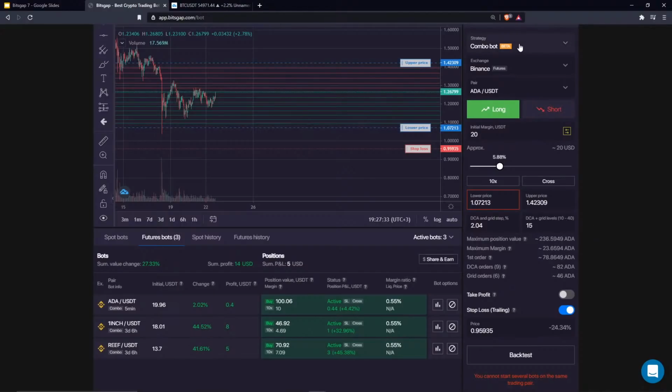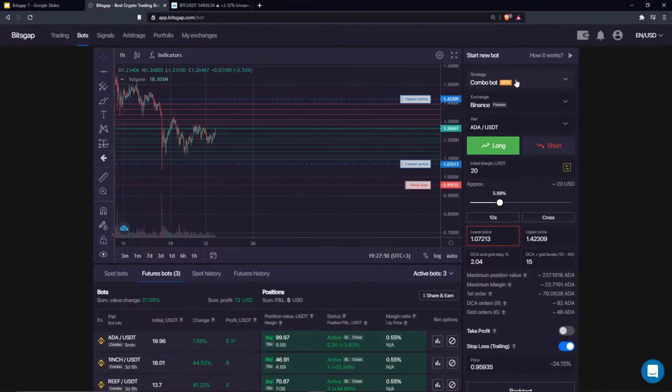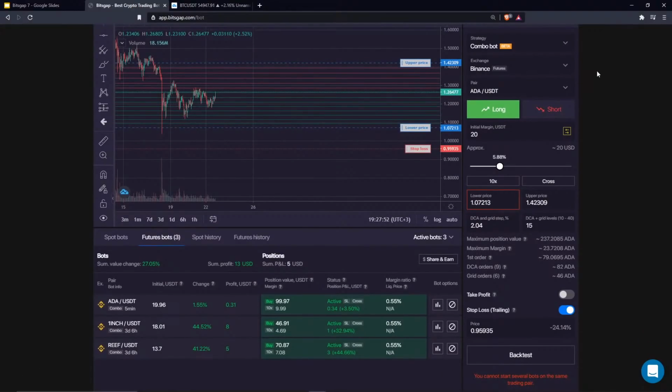The combo bot is not for beginner traders. It's for those who at least understand the nature of the futures market, what leverage is all about, and what the risk of trading the combo bot is. So far, the combo bot is the one that has the highest risk, because here you trade with leverage, and that means your risk is higher.